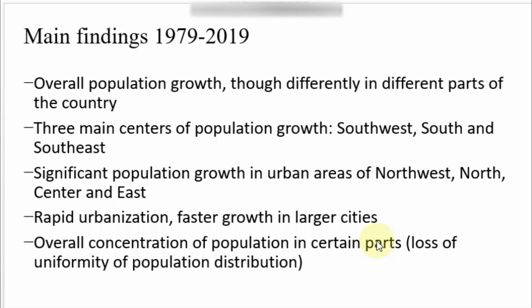So this process over time leads to the loss of uniformity of the population distribution, with population density increasing in particular areas of the country and declining population densities in other parts of the country.